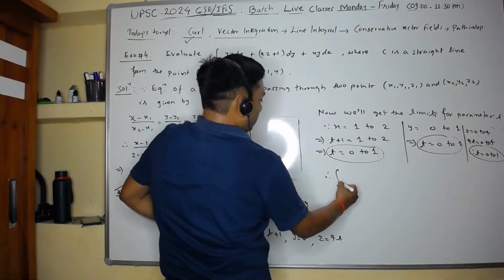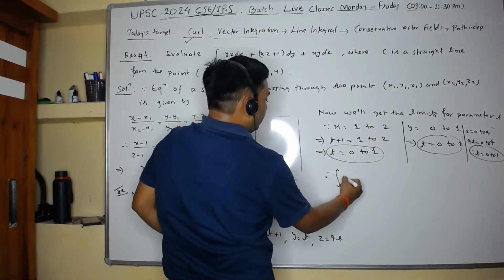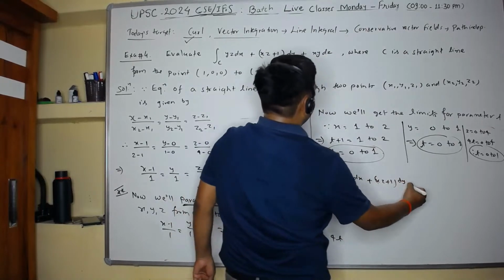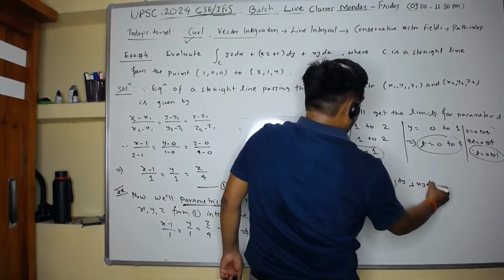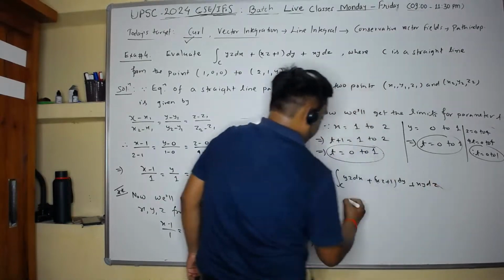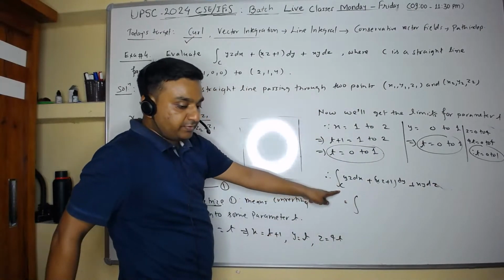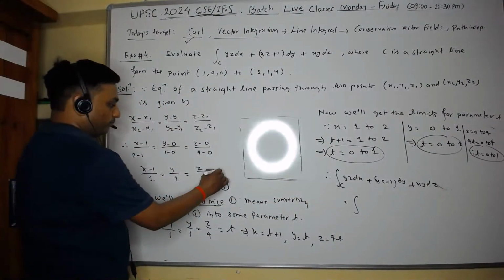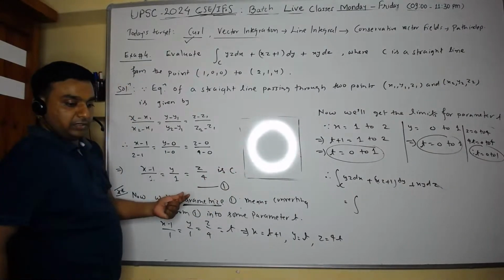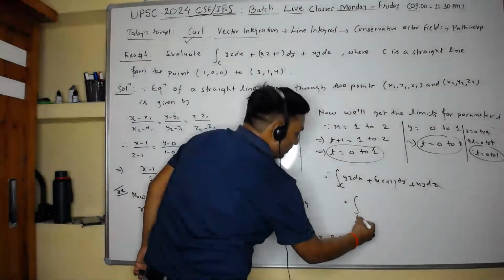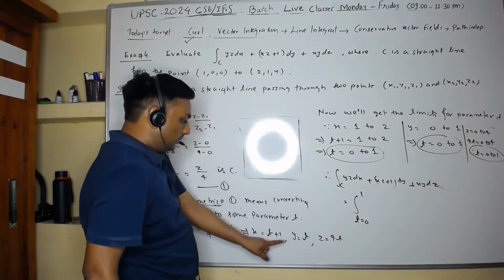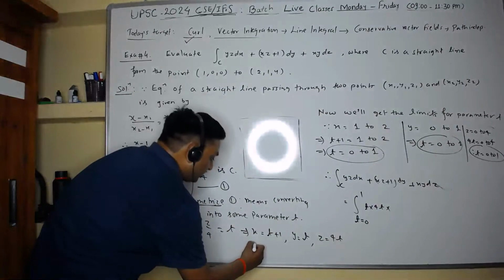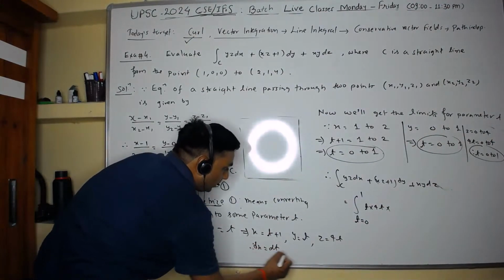So what do you wish to have? Integration y z dx plus x z plus 1 dy plus x y dz. So along the curve, C is what? C is a straight line, which is this. So along this curve, t going from 0 to 1, y is what? t, 4t. If x is this, so dx will be dt.